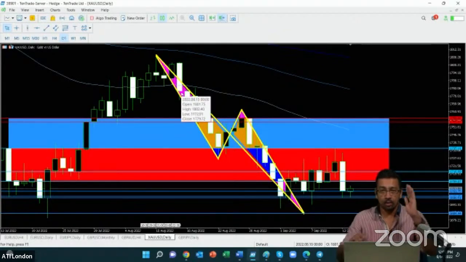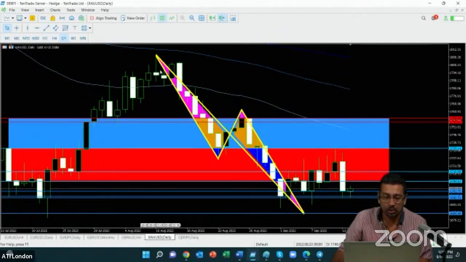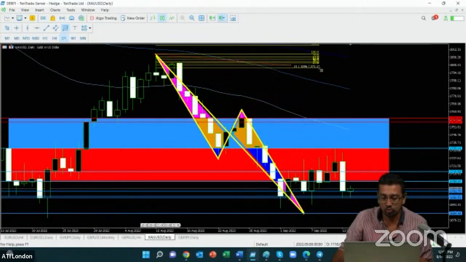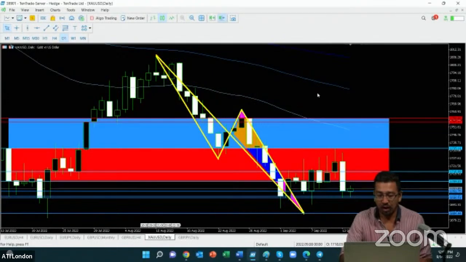And the A to B, B to C are just our hints in the market of the strength of that formation. If it goes really well, then the C point basically touches one of the Fibonacci levels that we have chosen, like in this case it was really close to the 50 moving average.